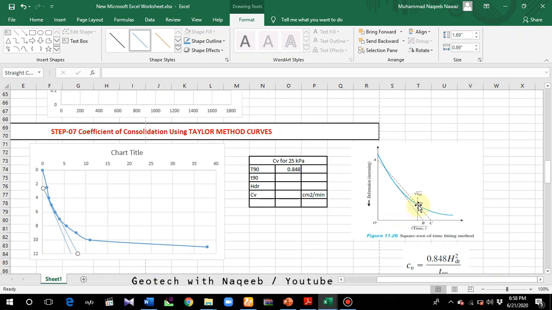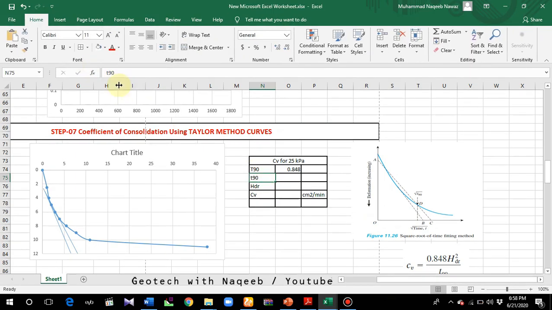You can see corresponding to this value we have the square root of T90. So basically this is the square root of T90, which is 4.9.